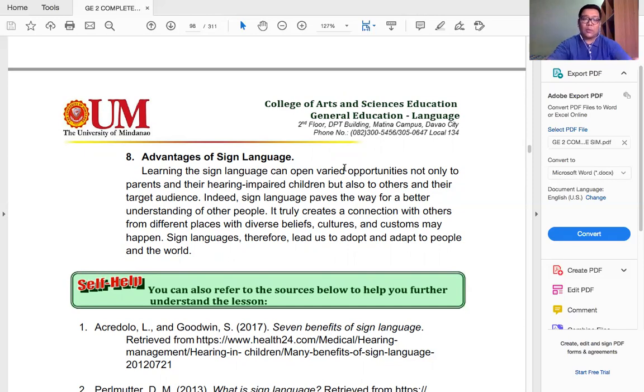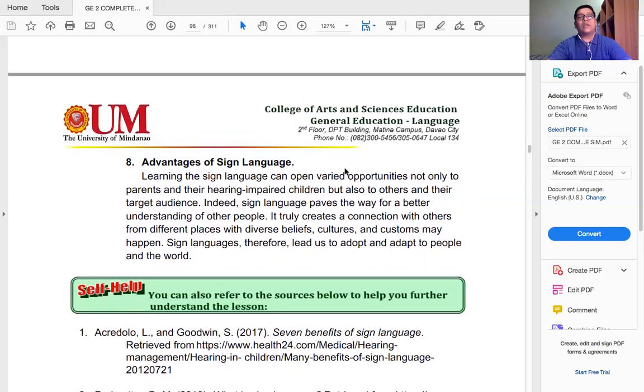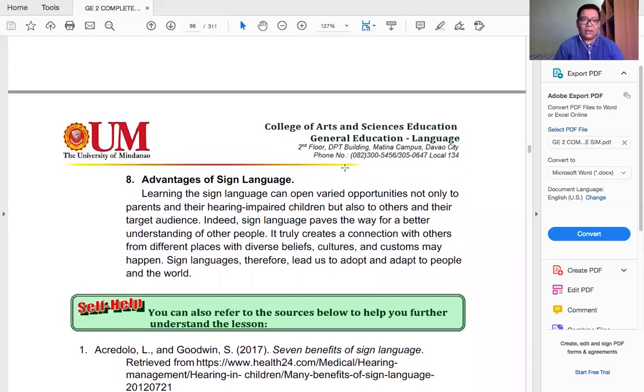Okay, this will possibly happen. Sign languages, therefore, lead us to adopt and adapt to people and the world. So, to everyone, you might underestimate the usefulness of sign languages. You might not imagine how purposeful it is to use sign languages.